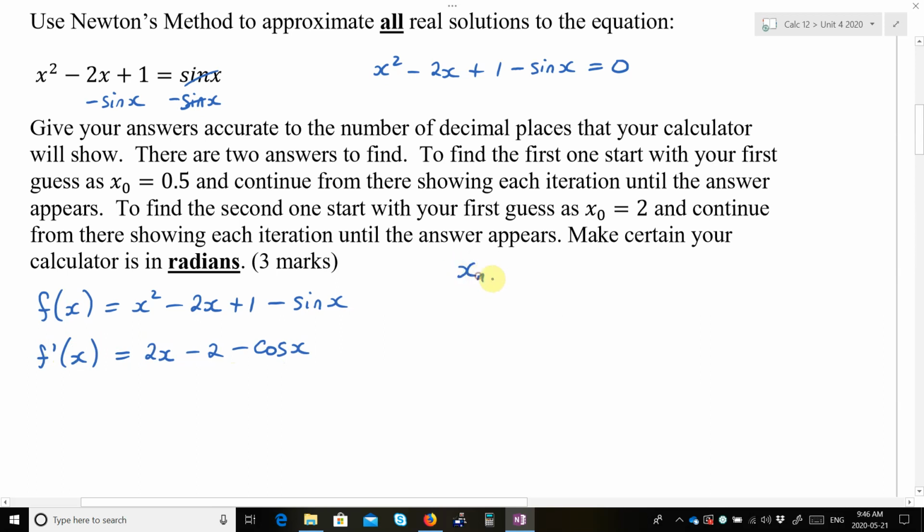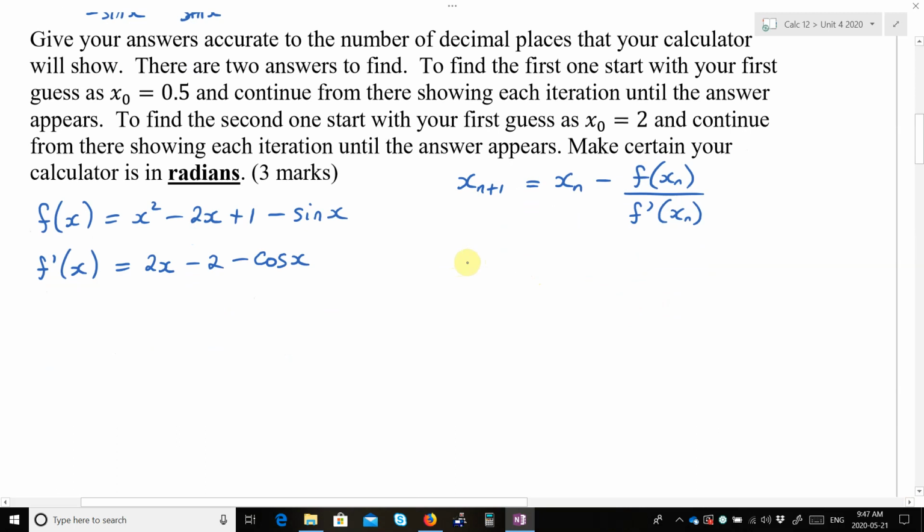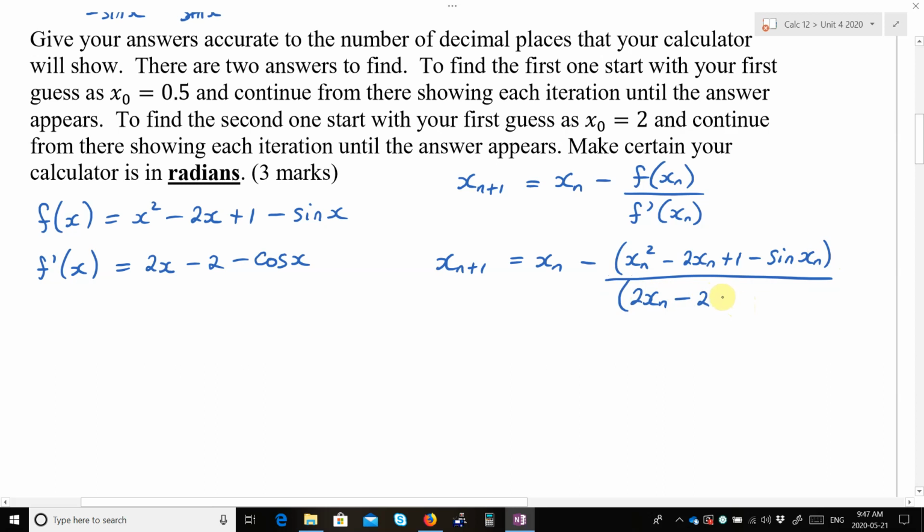And remember the formula for Newton's method. And I'm going to plug in what we know so far. x n plus 1 is equal to xn minus f of xn, which is xn squared minus 2xn plus 1 minus sine of xn, all divided by the derivative, 2xn minus 2 minus cos of xn.